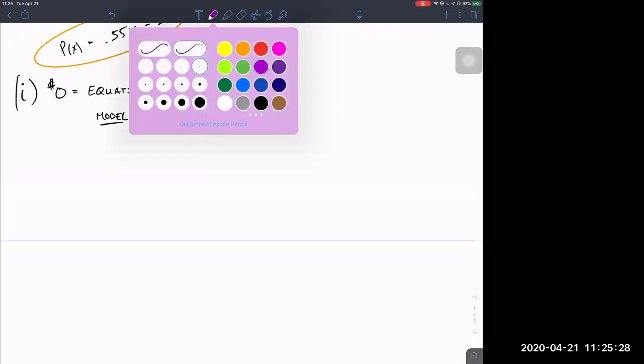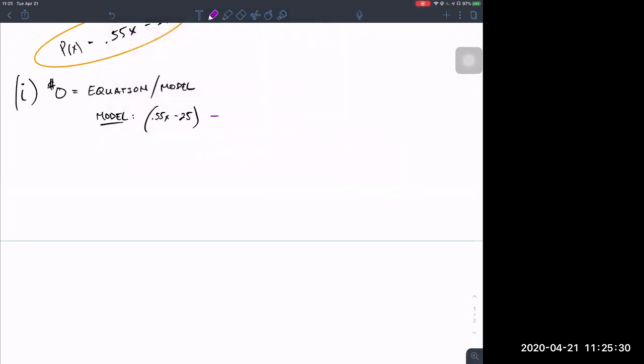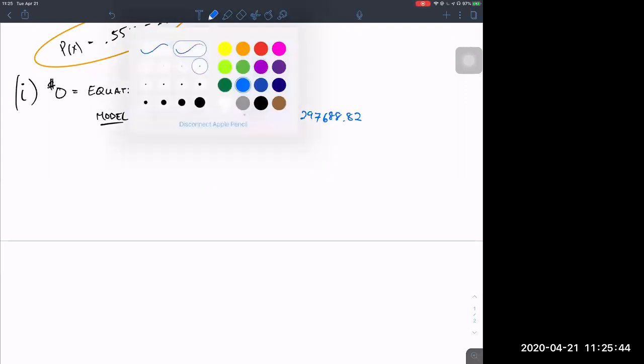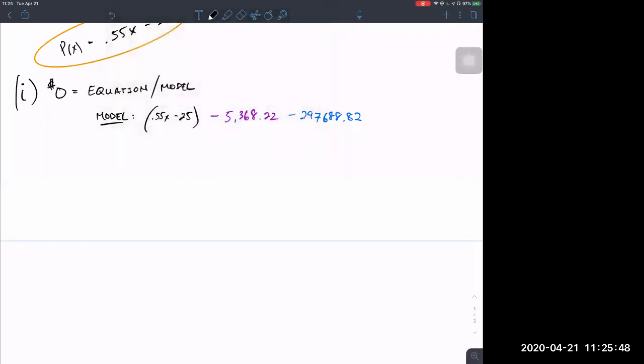I'm just gonna separate the colors as well. Then you have a lease of 5,368.22. You have a one-time deposit, which is 297,688.82. So again, for those that are going, hey, where are you getting these numbers? Remember, they are in the answers.